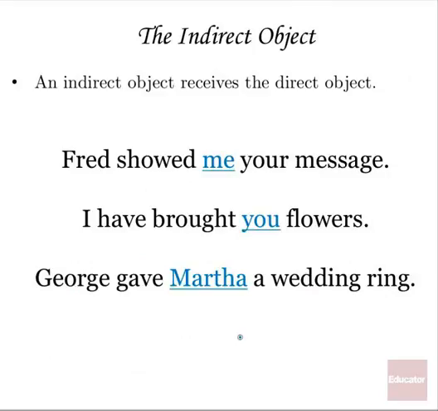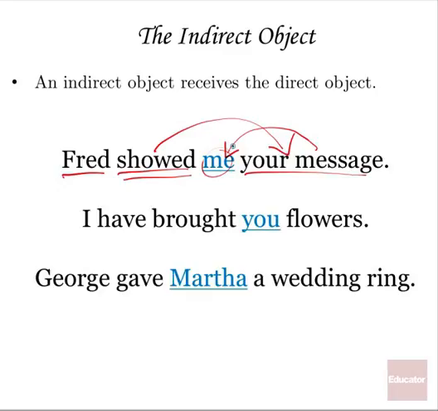Now the indirect object receives the direct object. So, let's look at the sentence, Fred showed me your message. Fred is our subject, showed is the verb, and message, your message, is the direct object. It's what's actually being shown. But me is the indirect object. If your message receives the action showed, me receives your message.